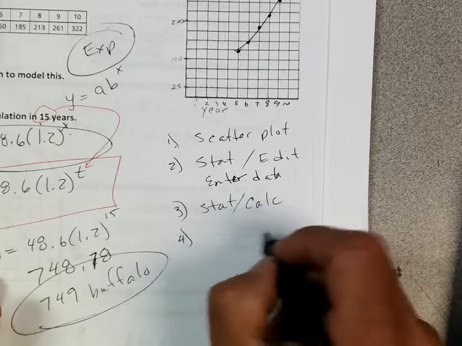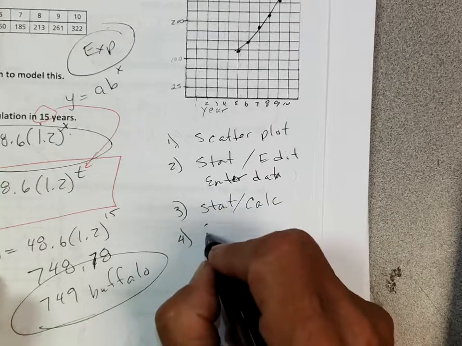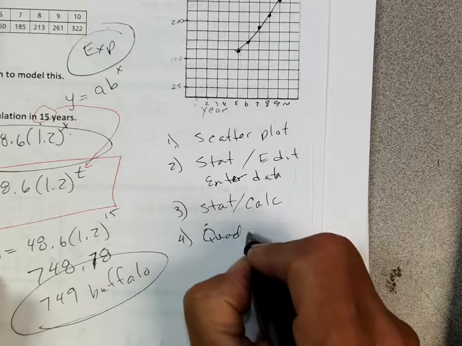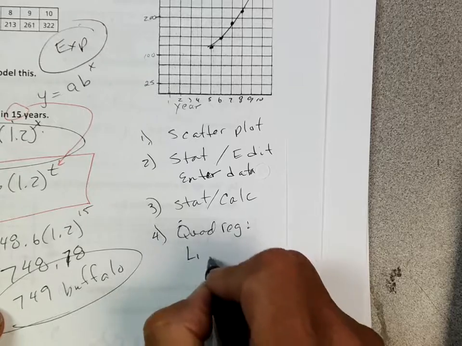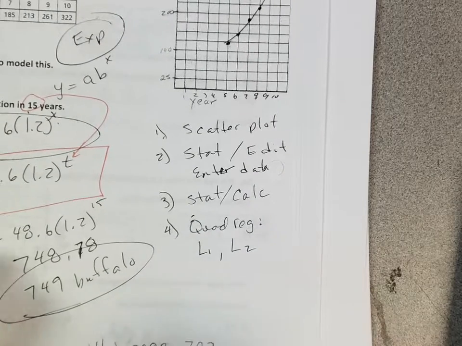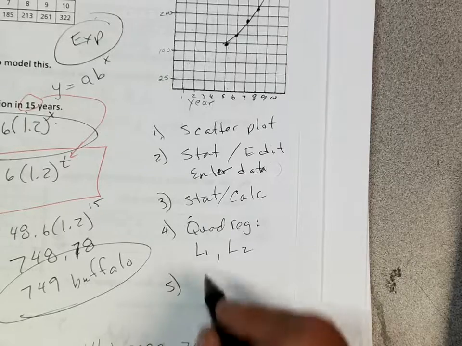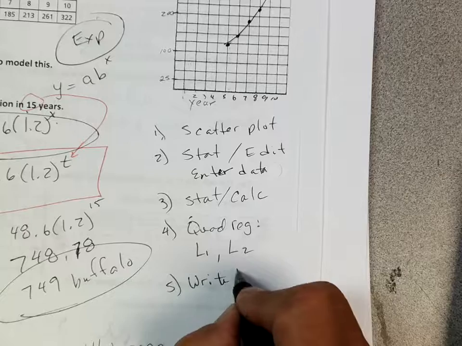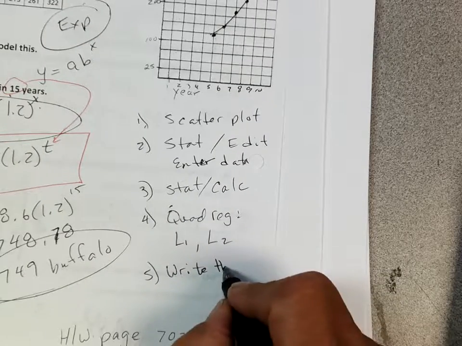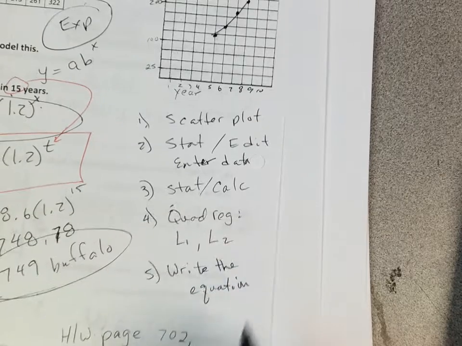Don't forget you've got to put in the lists, like, let's say, QuadReg. I'm just giving you an example. You go L1, comma, L2, and you get your answer. Then the fifth thing is, after you get your answer, you write the equation.